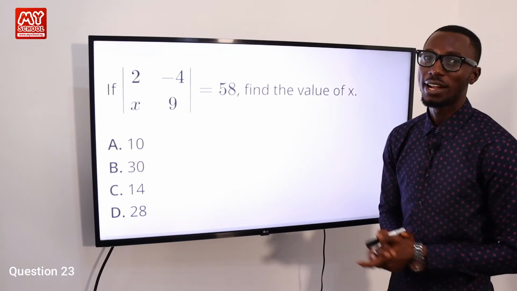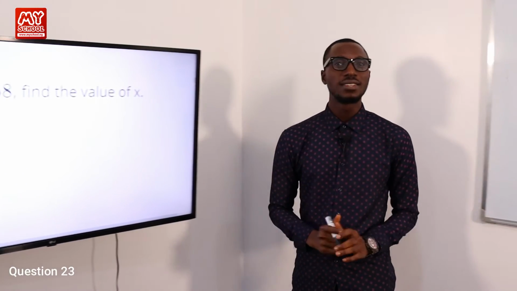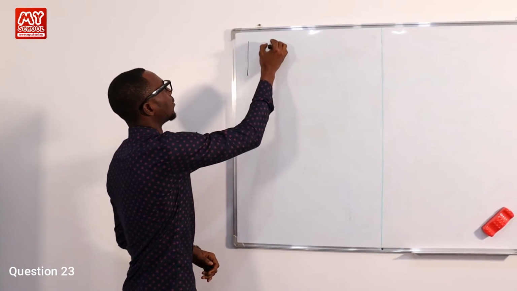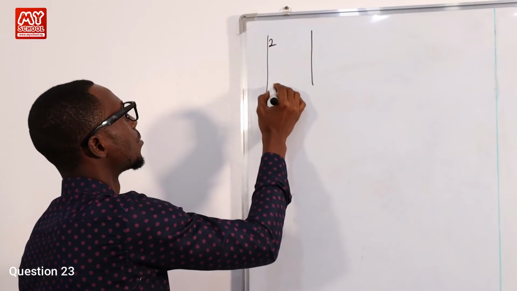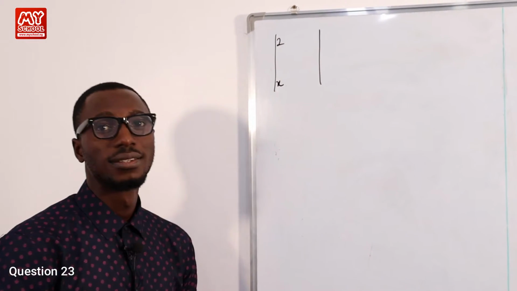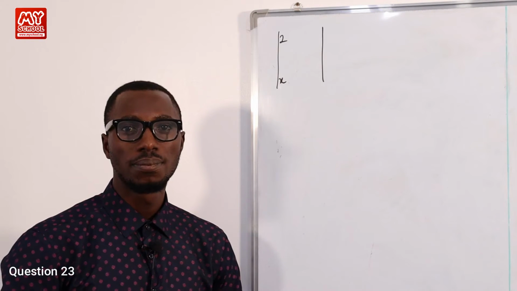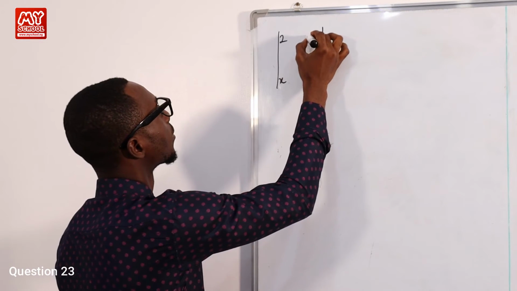So how do we find the value of x? It's super easy to do. So let's pull out the square matrix once again. We have 2, we have x, and again we have minus 4 at the top of the column, and we have 9 beneath.